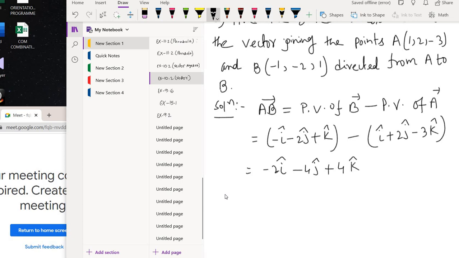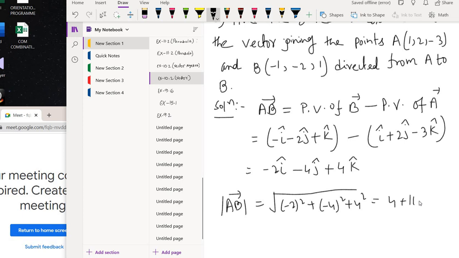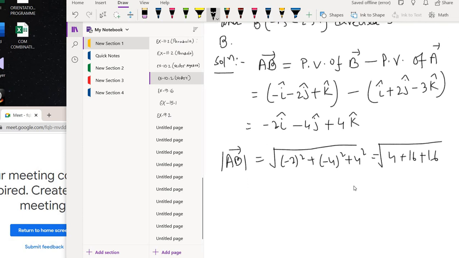Now its magnitude, AB, under root minus 2 whole square plus minus 4 whole square plus 4 square, equal to 4 plus 16 plus 16. Okay, so this equal to 32 plus 4, 36, root 36 equal to 6.